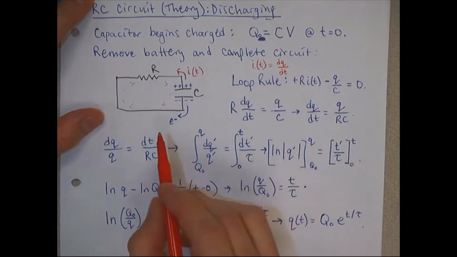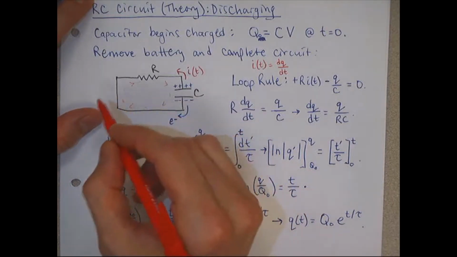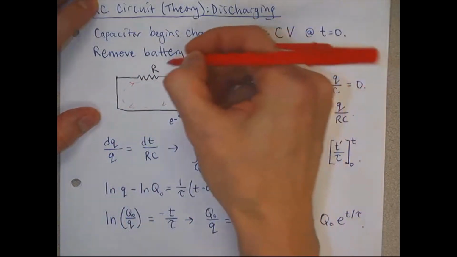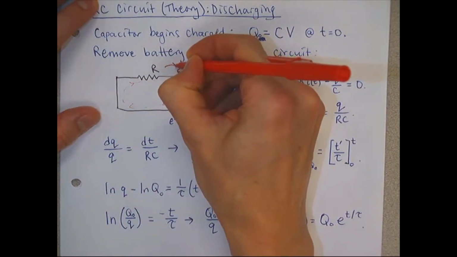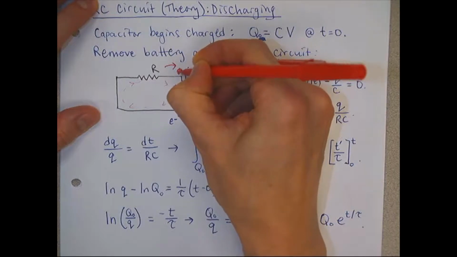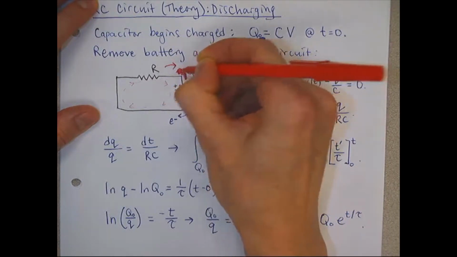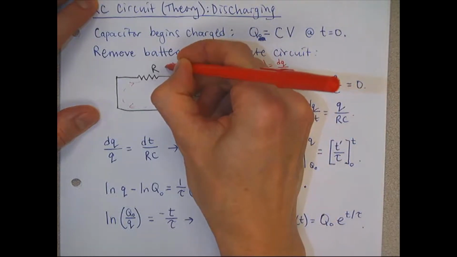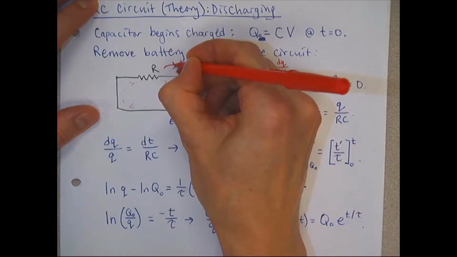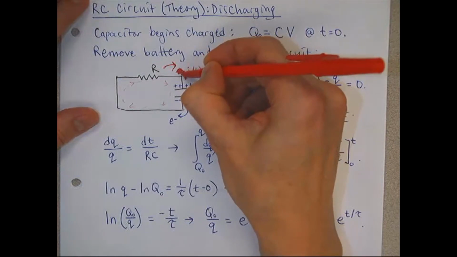So to remain consistent with the charging derivation, we must keep the same definition of current flow.